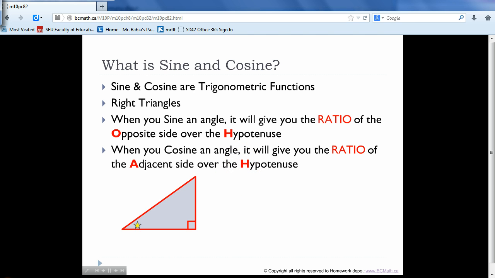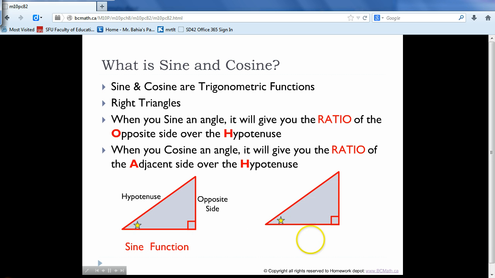So if you don't know what I'm talking about, here's a triangle, and let's say that's the angle right there. If we know the opposite side and the hypotenuse side, we know that ratio is equal to the sine of that angle. So the sine function works there.